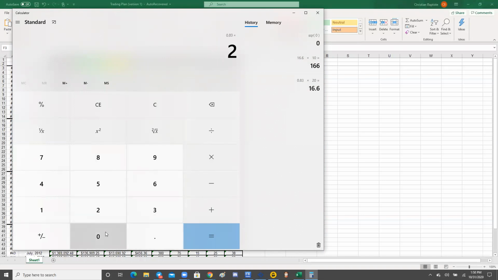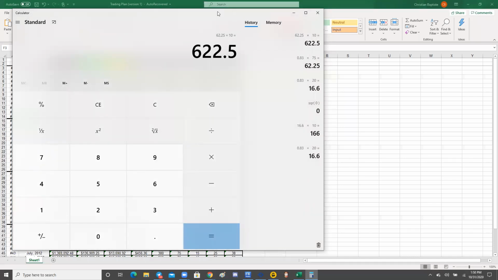Okay, now we do 0.83 times 75 times 10. It's still the same amount. About $622. It's the same amount.